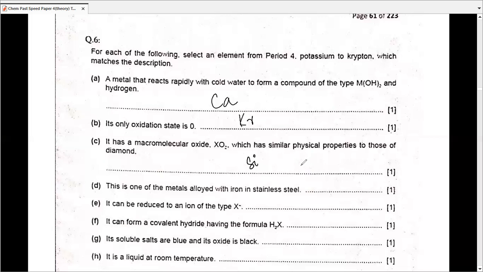Moving on. This is one of the metals alloyed with iron in stainless steel. Yes, the question from yesterday's alloys portion, from the alloy table.